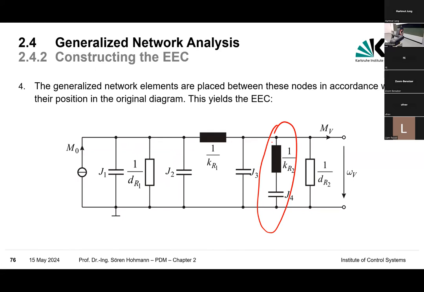So what happens if you exactly hit the resonance of the electromechanical system? Electrically speaking, if the frequency here at node 2 is oscillating at the resonance frequency, what happens electrically?